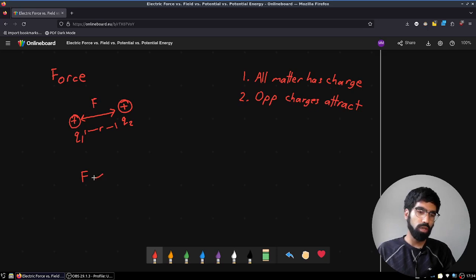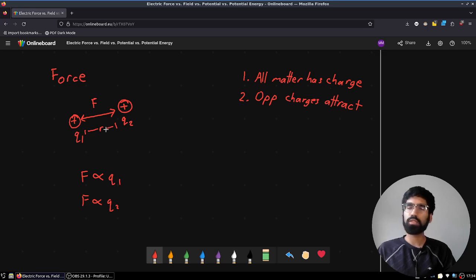What they discovered was the force grows bigger as Q1 grows bigger, so therefore the force must be proportional to Q1. Same thing with Q2. Experimentally they observed that if you repeat these increases in charge for Q2, you have the same exact effect on the force. So the force is also proportional to Q2. As this goes up, this also goes up.